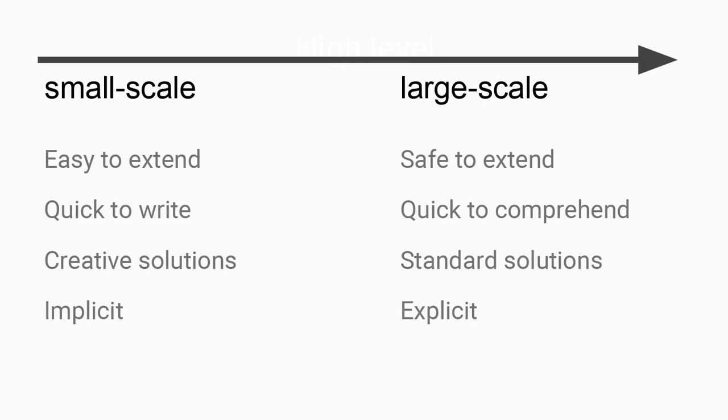Keep in mind that they all are shaped by the desire to support large-scale development, which means we're a lot more explicit. They're less magic. I'm going to try not to use the word magic. Things are explicit. Things are safer because of that.